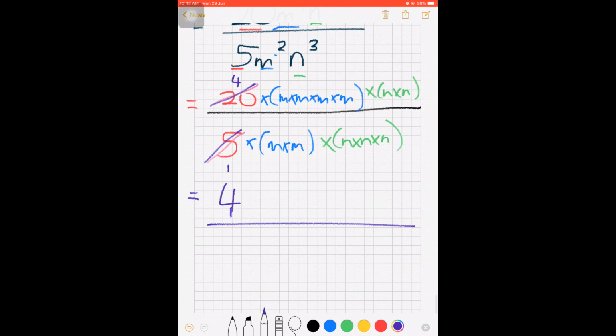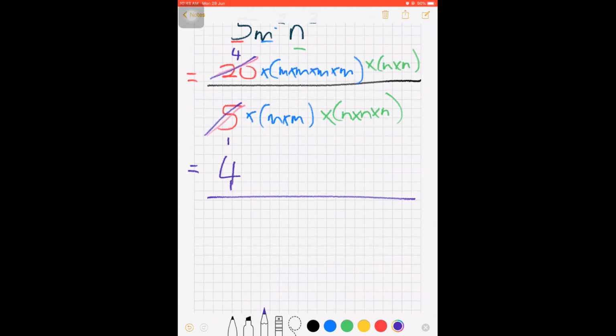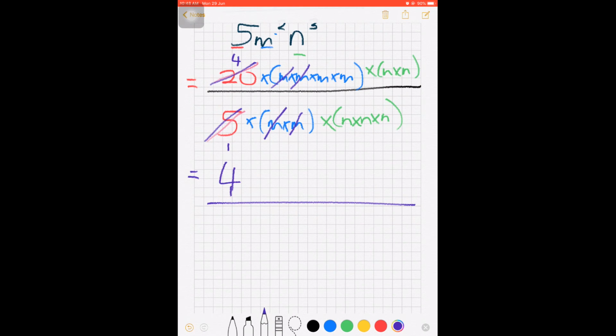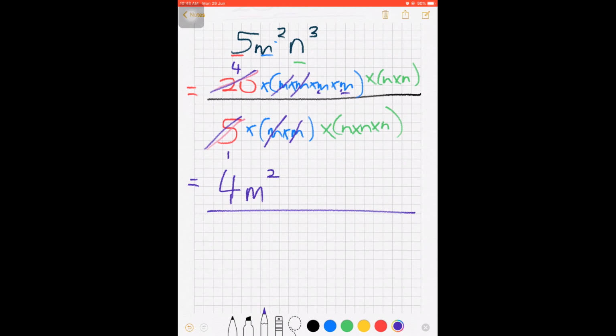And then potong. So this is MM. Okay, potong 1, potong. Any more M's? Tak ada kan? Dah tak ada M. So tak boleh potong dah. So tinggal apa? Tinggal 2M kat sini. 1, 2. So dia kat atas kan? So you tulis kat atas lah. M kuasa 2 sebab ada 2. 1, 2. Okay.